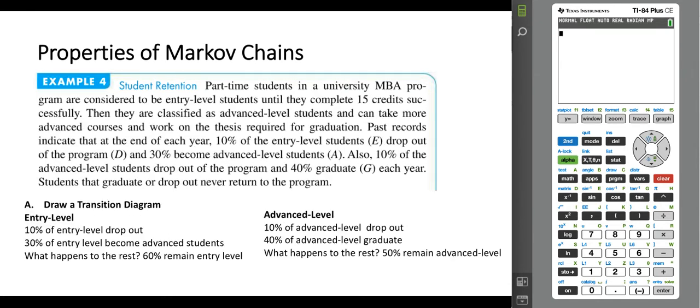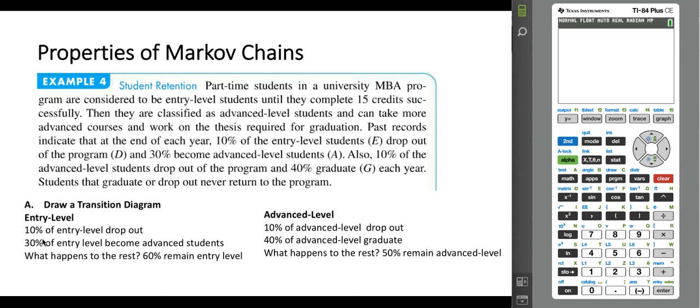So to draw the transition diagram, we have to separate the information that's in here. We have to separate what we know about the entry level and what we know about advanced level. So for the entry level, we know 10% of the entry level drop out. We're also told in here that 30% of the entry level become advanced students. So 10% are dropping out, 30% are moving on.